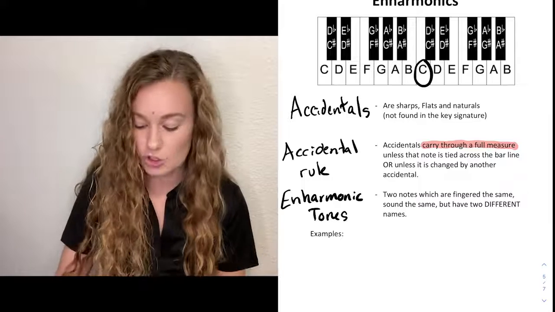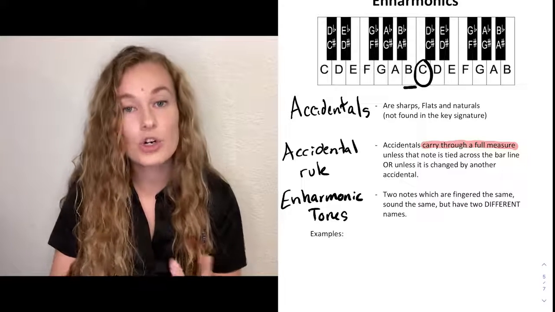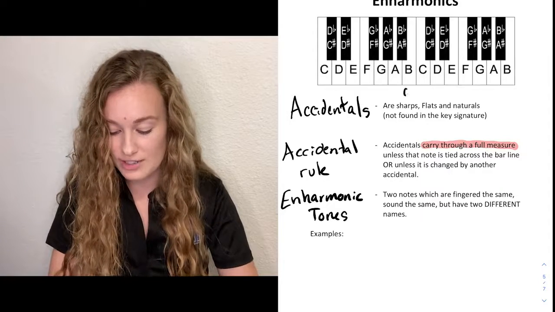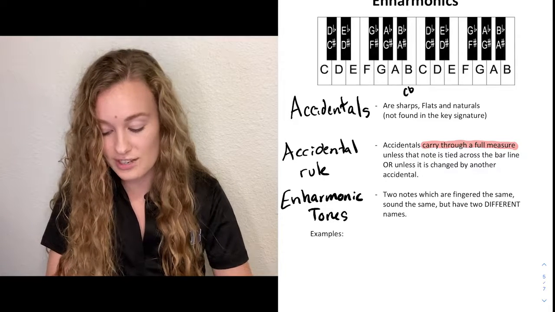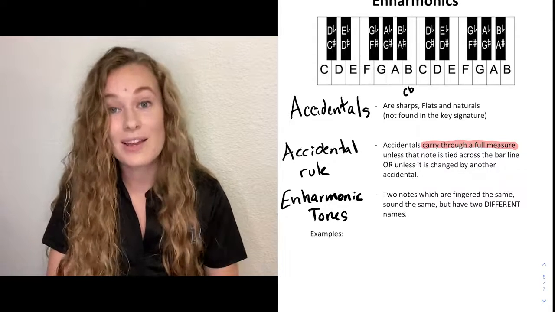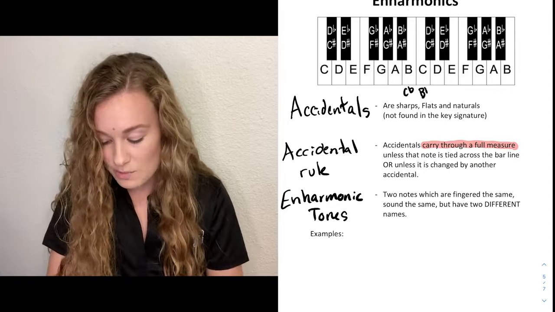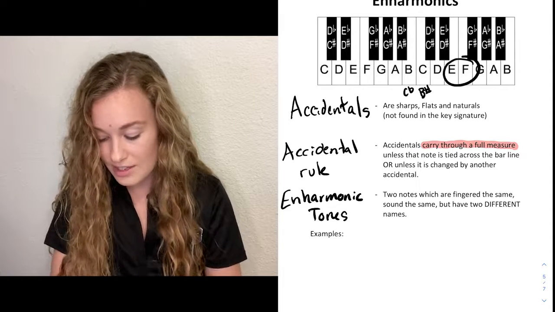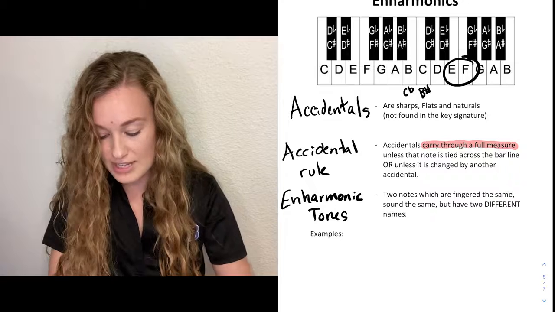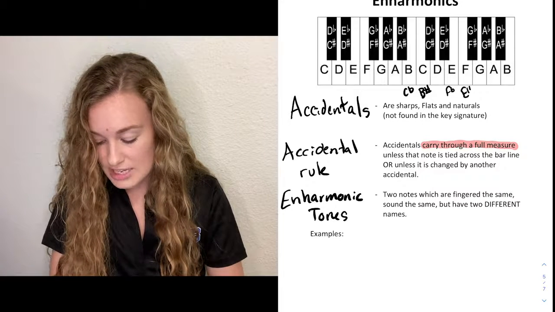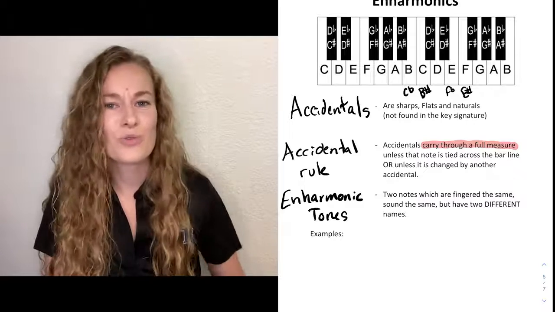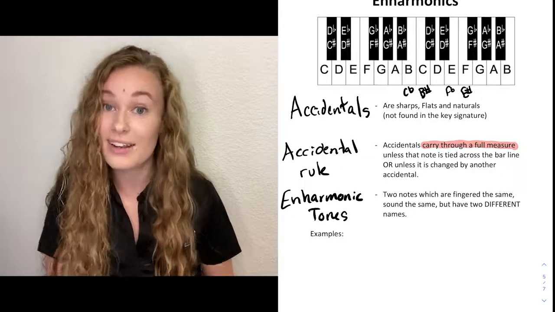Well, most of us would just say, well, it's B. But it could also be referred to as C flat. So go ahead and write that in, right underneath that keyboard, C flat. And then same thing going up. This could be B sharp. And then same thing with our two white key half steps here. This could be F flat or E sharp. And again, that's super rare. You probably won't see it, but you could.